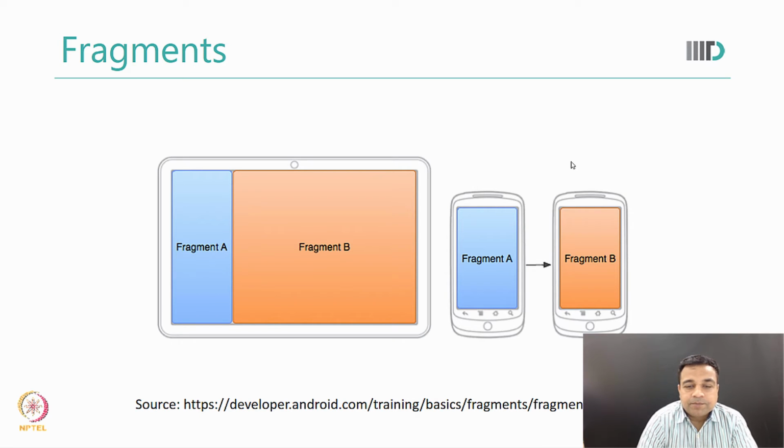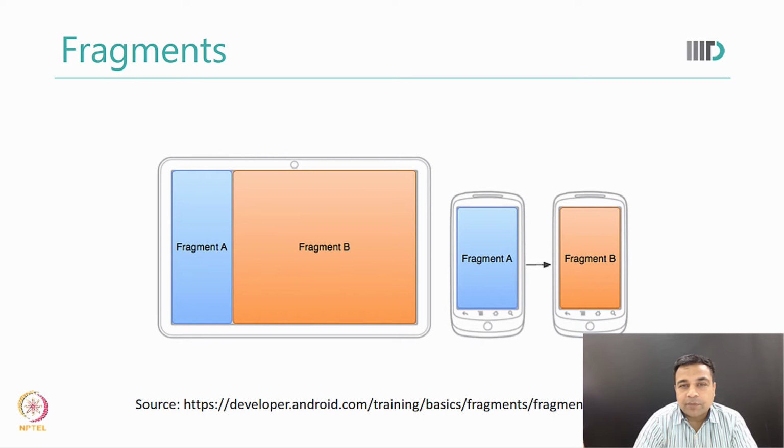Now you see, when we started having tablets which had a much larger screen, there was a need to have different types of displays for tablets or anything which has a larger screen, and on phones which usually have smaller screens. The same logic applies even for phones with larger screens and phones with smaller screens.